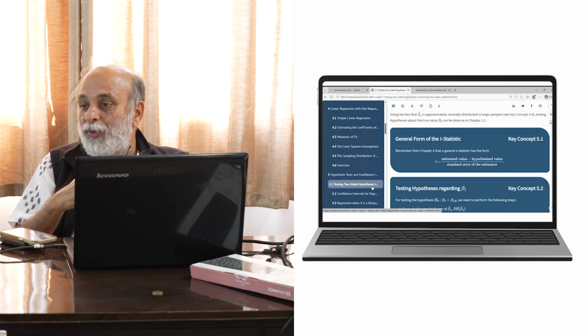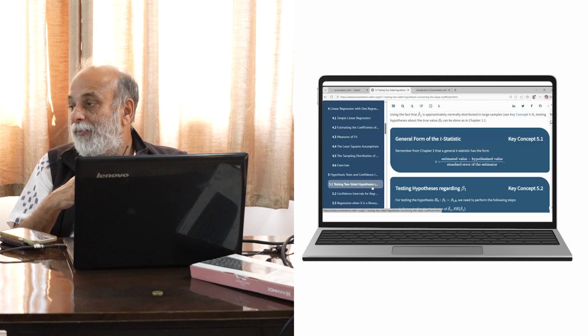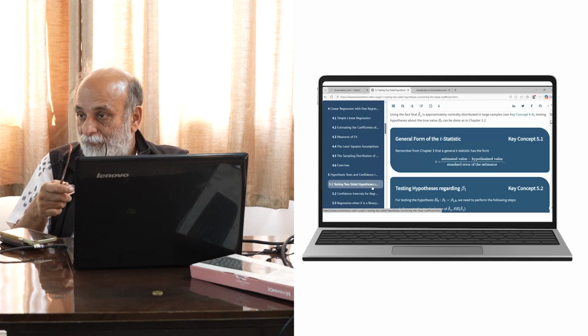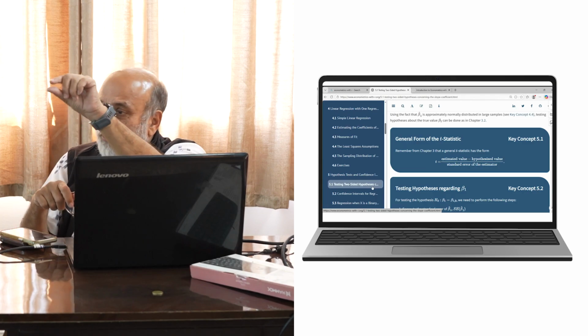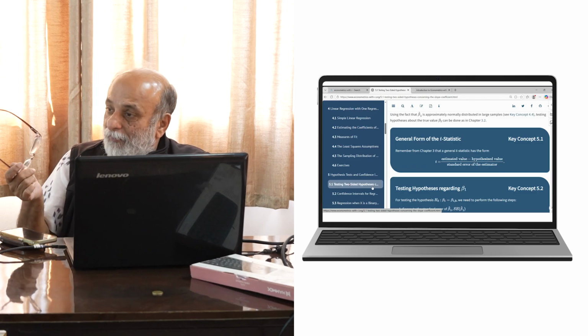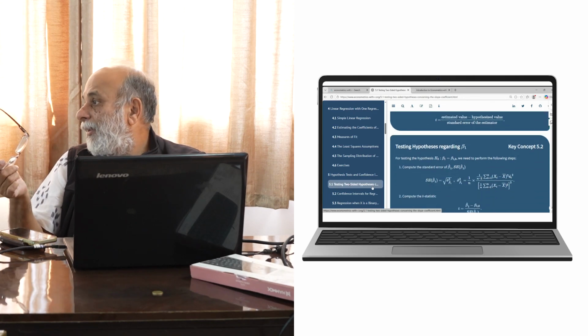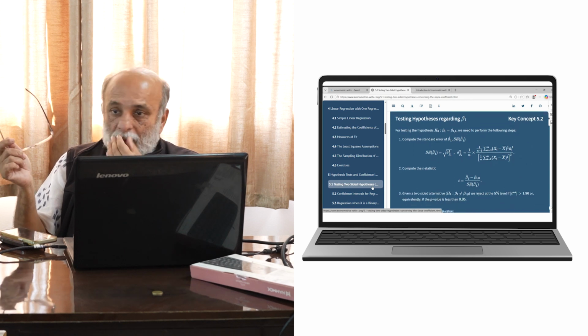X bar minus mu upon standard deviation of x, right? Where mu is the hypothesized value. So just like that, the estimated value of beta hat minus the hypothesized value of beta upon the standard deviation of beta hat, which is the standard error of beta, just like the usual t, right? Sure? Okay.